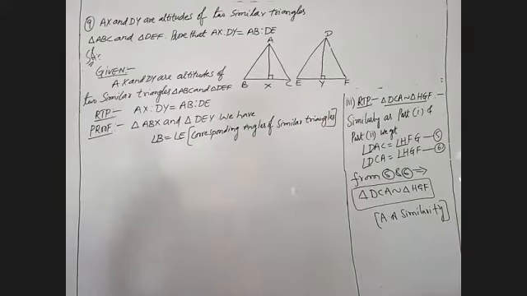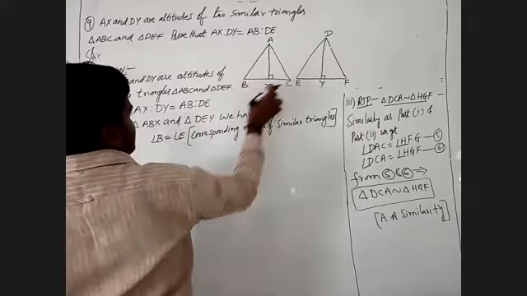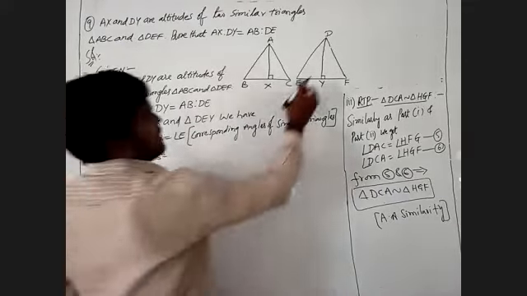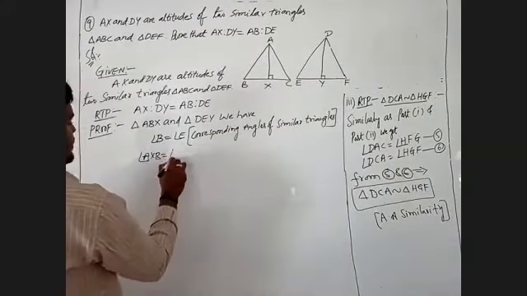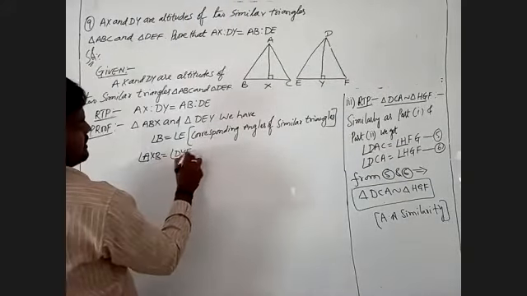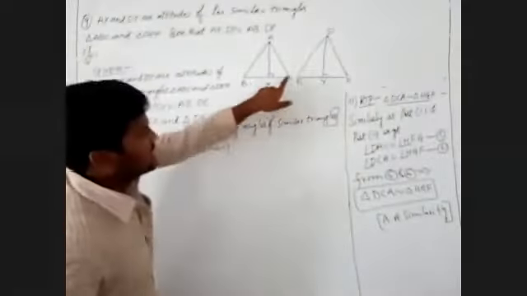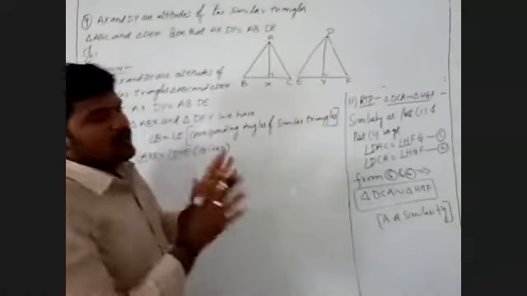After that, angle AXB is nothing but angle DYE. This is a given statement. Observe, angle B is equal to angle E and angle X is equal to angle Y.